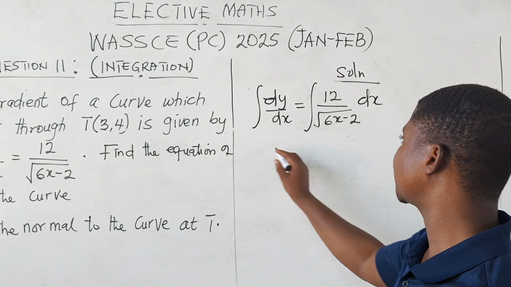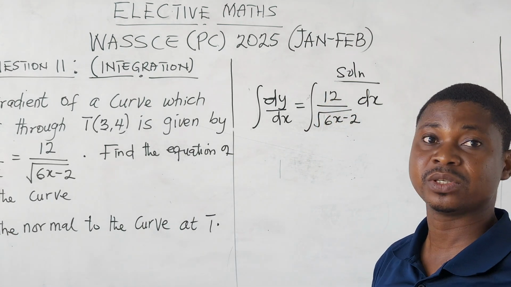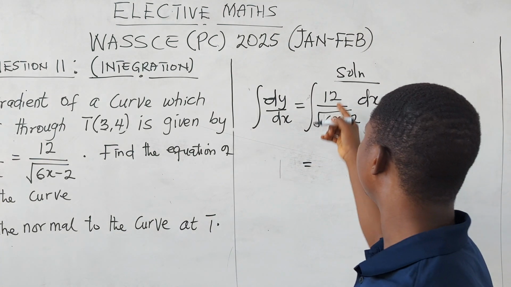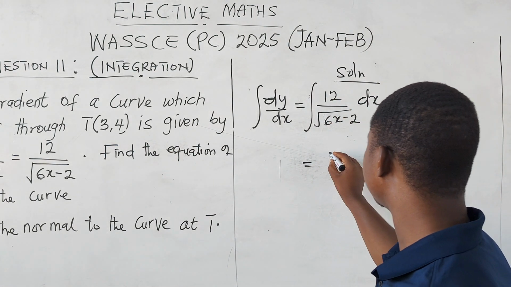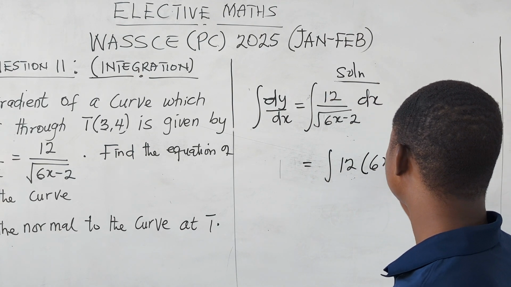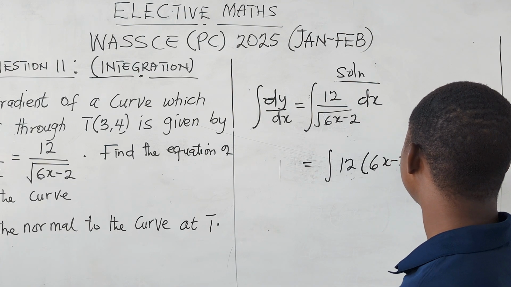When you integrate dy over dx, you get y. But on this side, we have to use the substitution method to make it very simple. This can also be written as the integral of 12 into bracket 6x minus 2 to the power negative half dx.